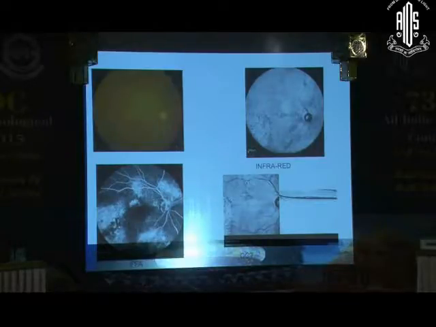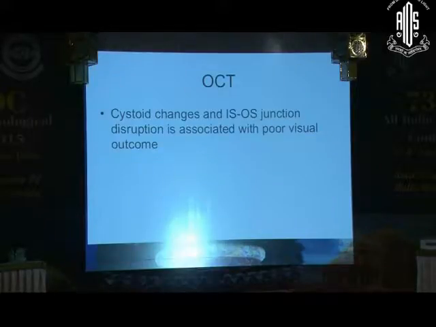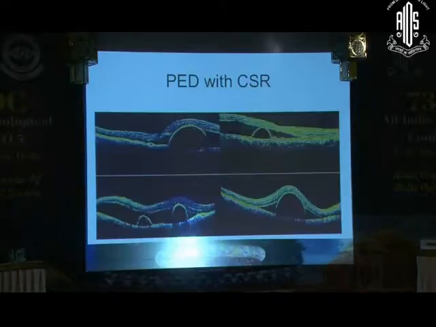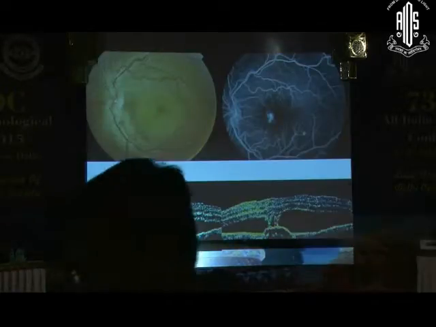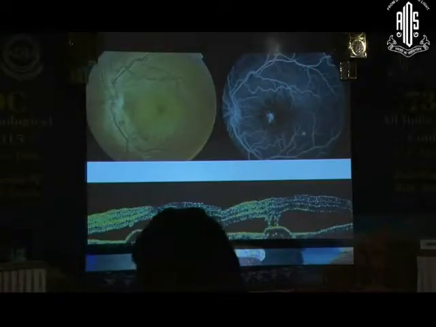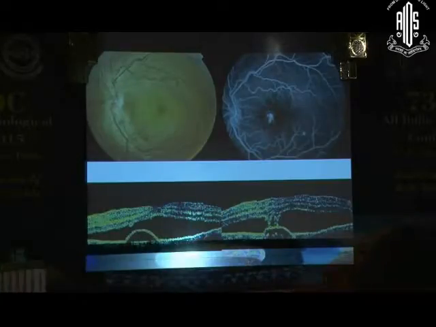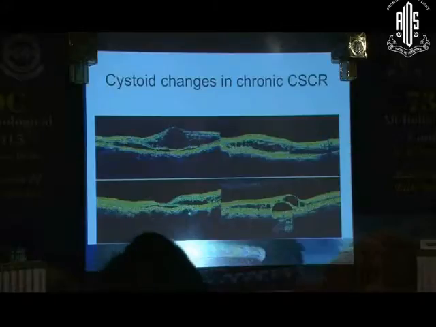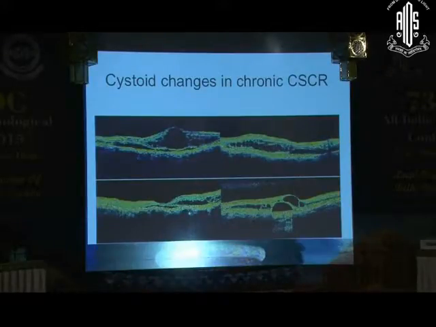We can see this small chink of subretinal fluid, and these are cystoid changes; ISOS junction disruption is associated with poor visual outcome, which we can predict by the OCT. Here is one OCT photo of pigment epithelium detachment with central serous chorioretinopathy. In the left down photo you can see multiple PEDs. There are other photos, and in the right lower photos you can see the fibrin, and the leaking point is slightly elevated up. Cystoid changes in chronic central serous chorioretinopathy you can see in these photos.